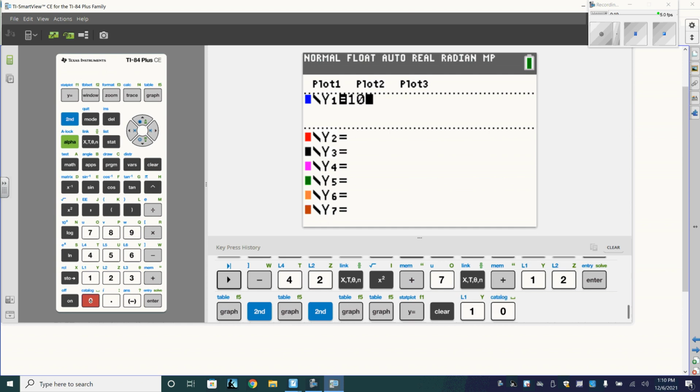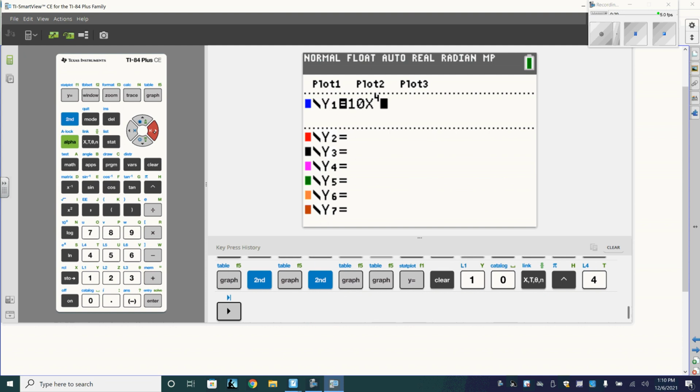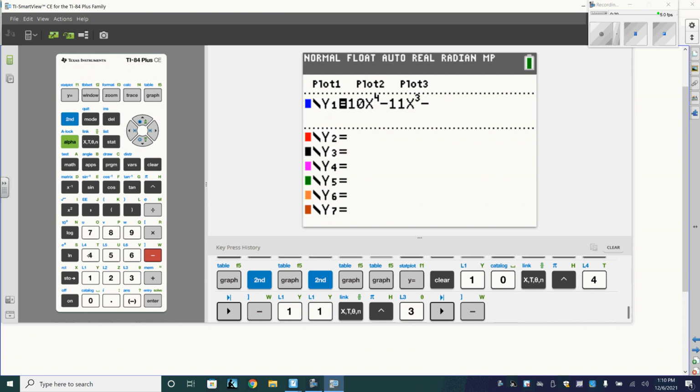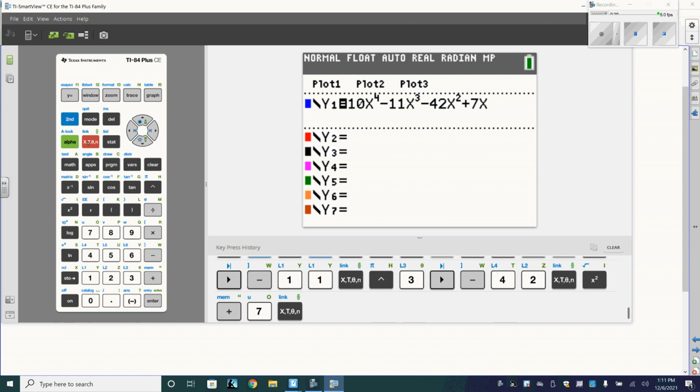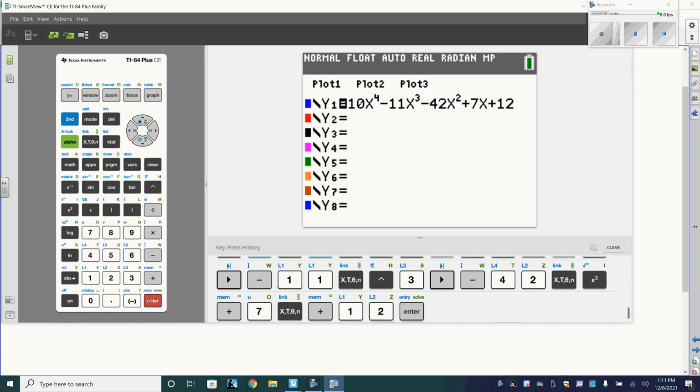So we'll type it in as 10x to the 4th minus 11x to the third minus 42x squared plus 7x plus 12. So we'll type this whole thing in.